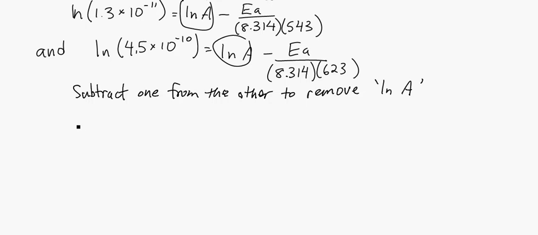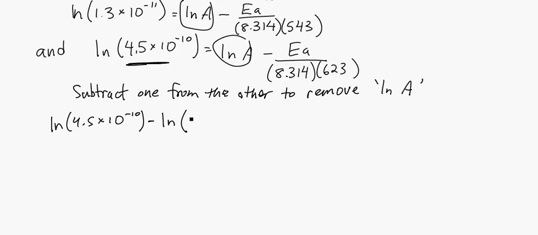Okay, so we end up, the largest value is this one. So we'll go natural log of 4.5 times 10 to the power of negative 10, and we'll subtract the other one.